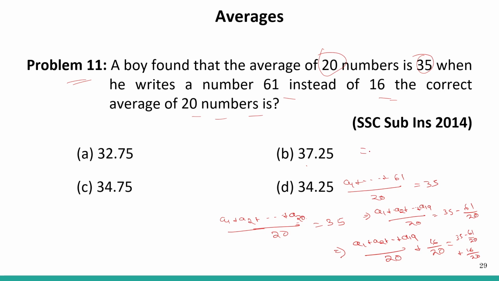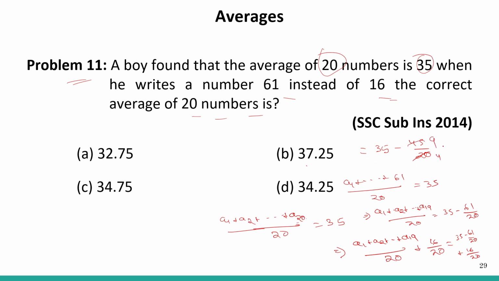So this will be equal to 35 minus, by subtracting 16 from 61 we are left with 45, 45 by 20. So this will be 9 by 4.